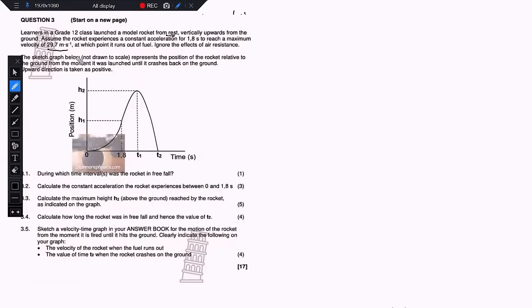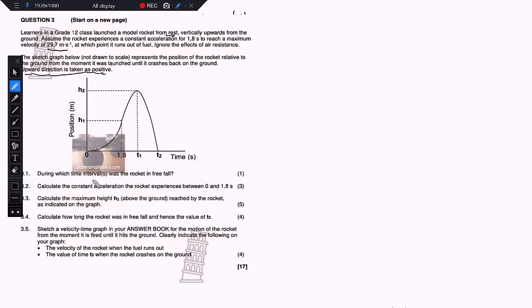It experiences a constant acceleration, at which point it runs out of fuel. Ignore the effect of air resistance. The sketch graph below, not drawn to scale, represents the position of the rocket relative to the ground from the moment it was launched until it crashes back on the ground. And then upward direction is taken as positive. Note that upward direction is taken as positive, so we're going to take up as positive as well.